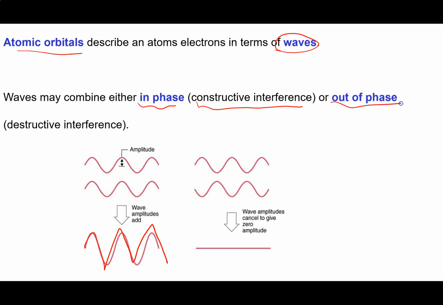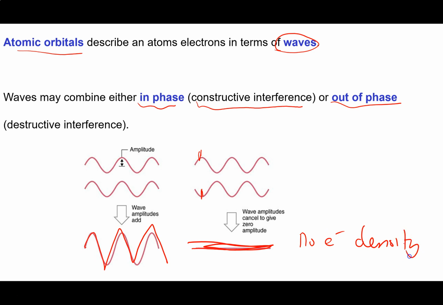Or the waves of the two atoms can come together out of phase, in which case we'll have a peak meeting up with a trough, and the waves will cancel out, giving you zero amplitude in the overlap region, or no electron density.